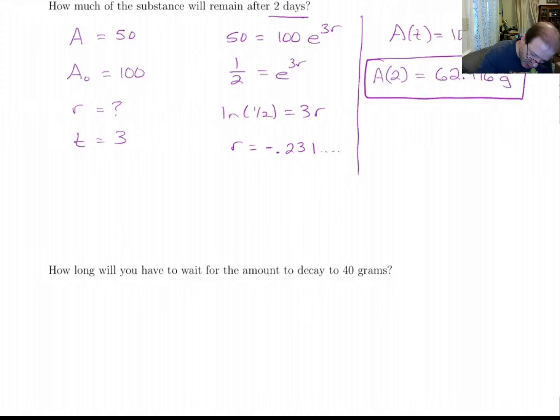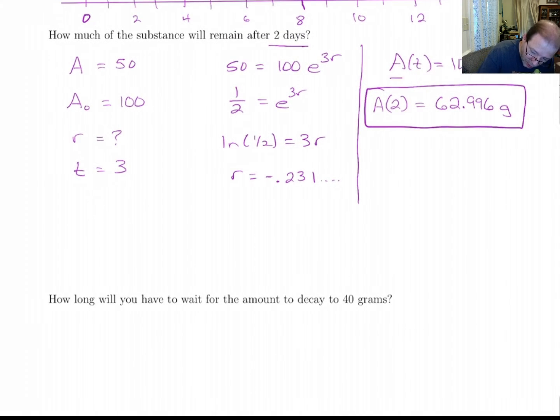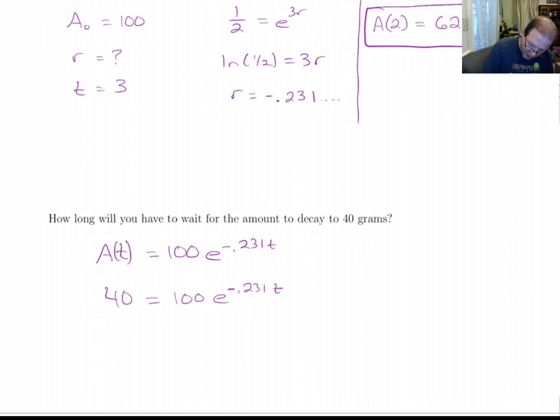So let's solve the equation to get it. What we're going to do is plug into here. We're trying to solve for t when A of t is 40. So divide both sides by 100, you get 0.4 equals e to the negative 0.231 t.